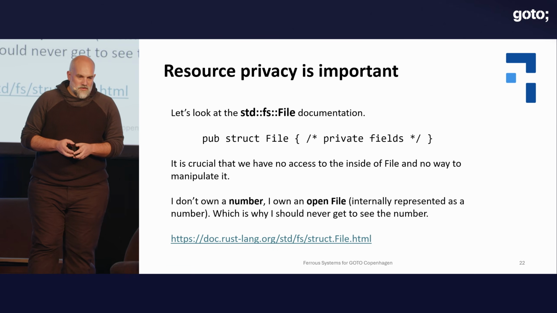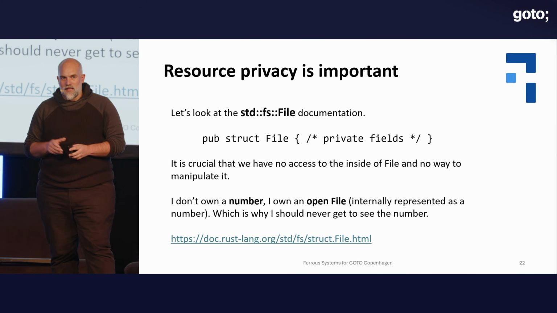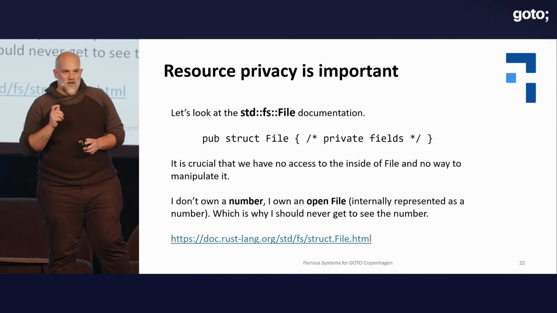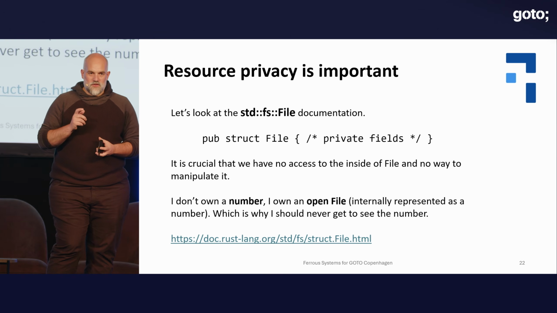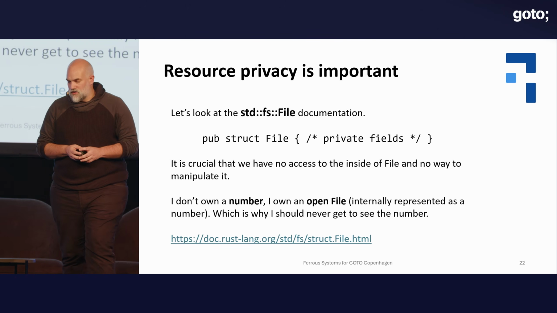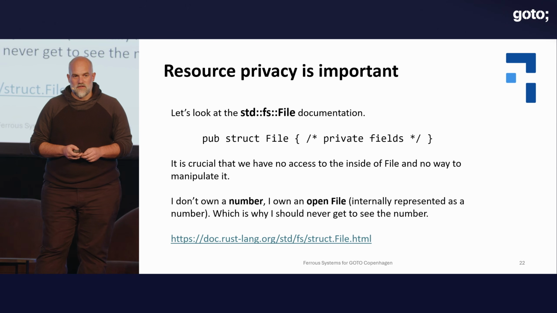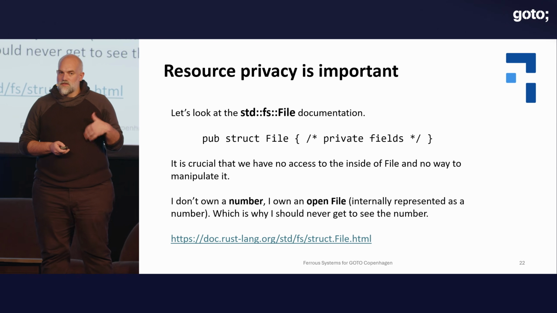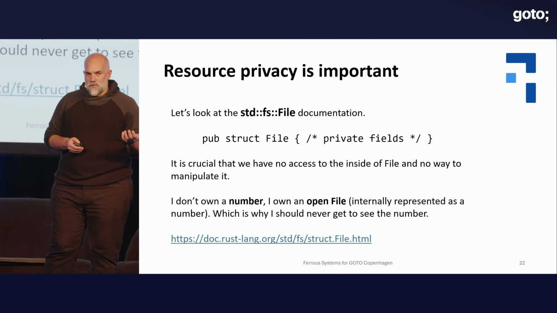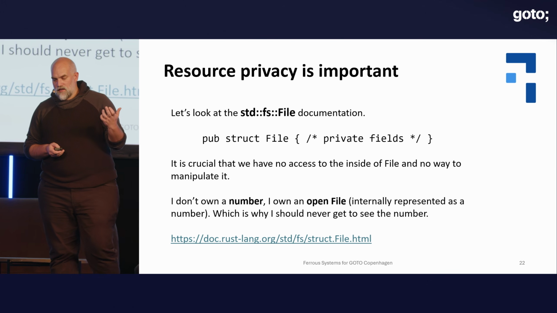And that comes with an interesting repercussion. I've been talking at the beginning that I would like to talk about encapsulation. That means that in Rust, it is incredibly important that I cannot see what is inside of such a managed resource. It is very, very often, this is actually the documentation for the file structure, that the documentation doesn't even allude to the fact that this data structure has internal fields. And that is important because that means that I cannot access them, I cannot manipulate them, and I cannot interfere with that lifecycle management that Rust has introduced.